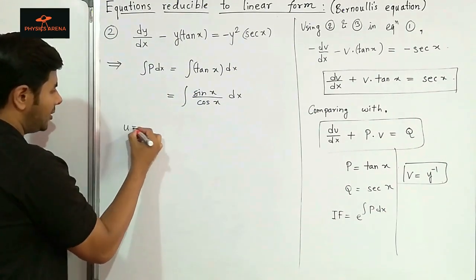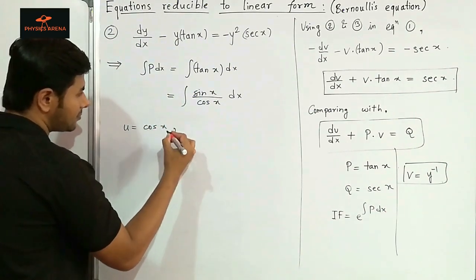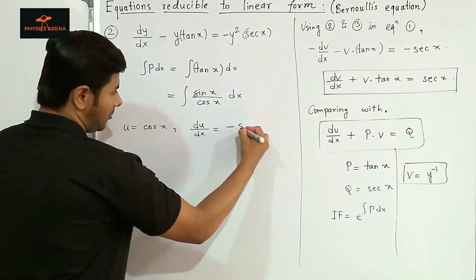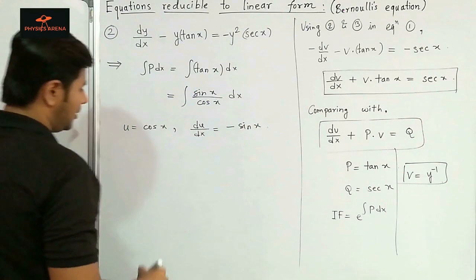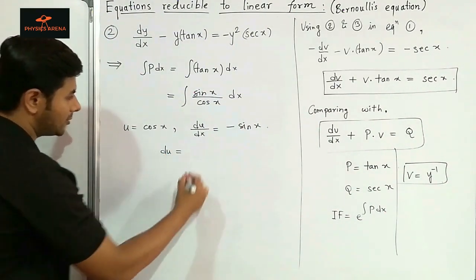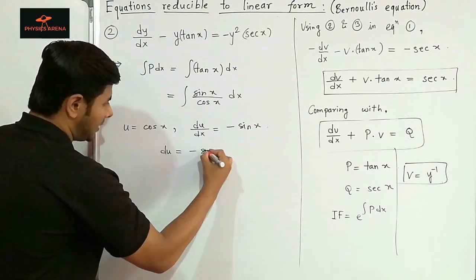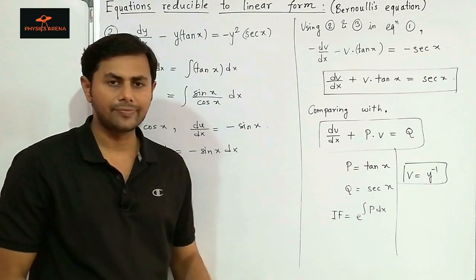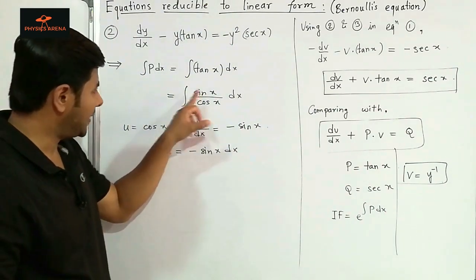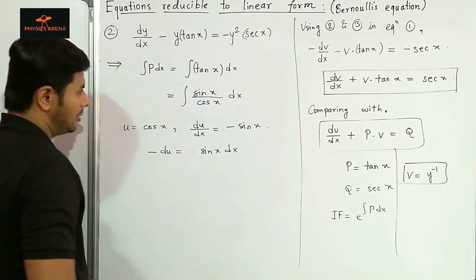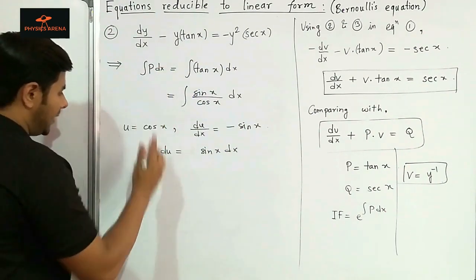So let's take u equals to cosine x, so du by dx equals to minus sin x, and therefore we can write du equals to minus sin x dx, okay, from here, and that's why sin x dx is minus du. So let's rewrite this.